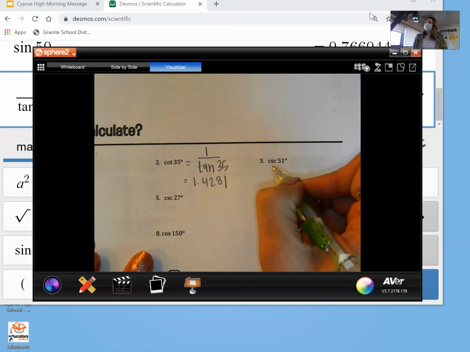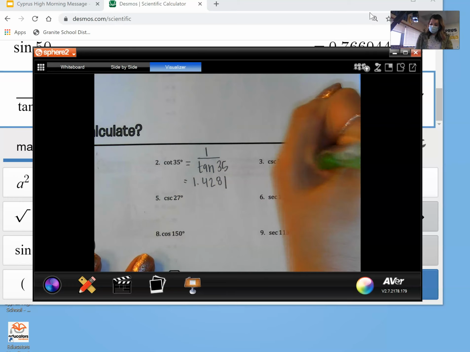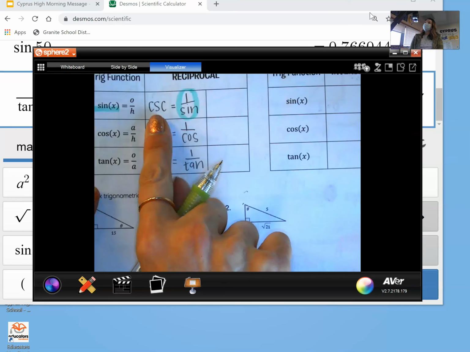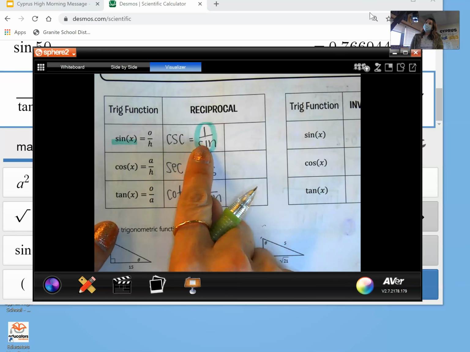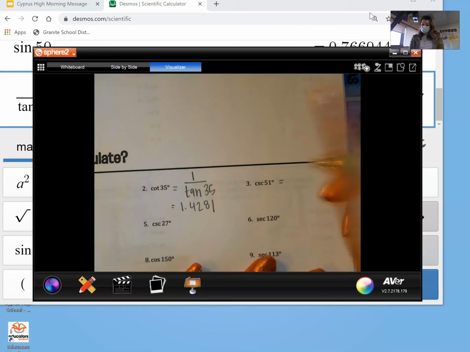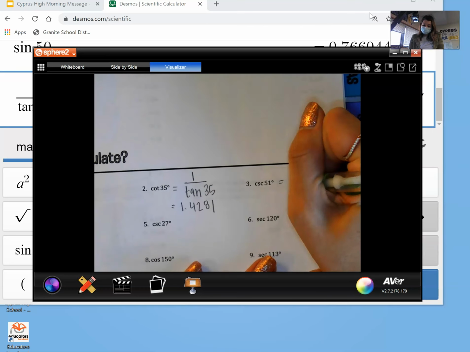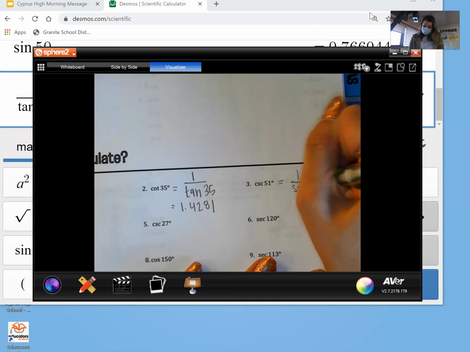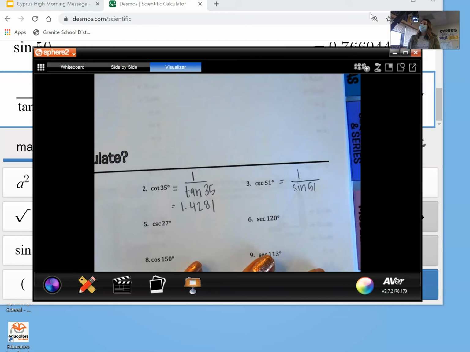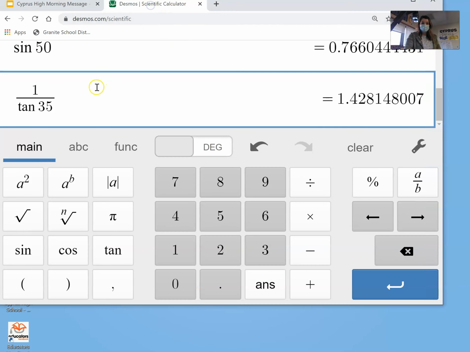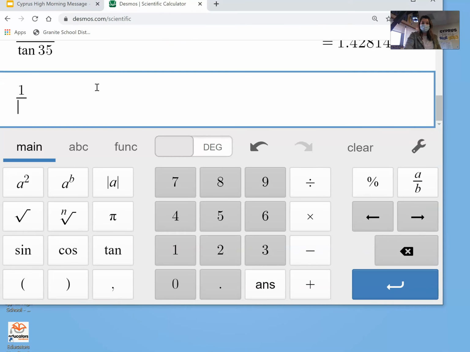For cosecant, I come here, I find cosecant, I need to do 1 over sine. So I need to do 1 over the sine of 51. So if I flip back to Desmos, I plug in 1 divided by sine 51, not 52.